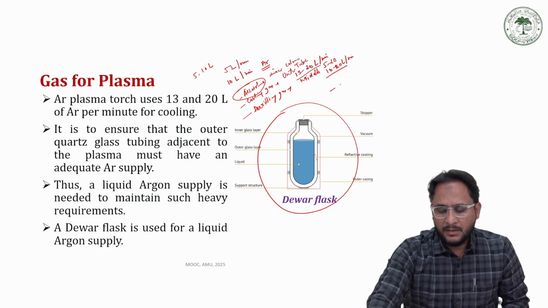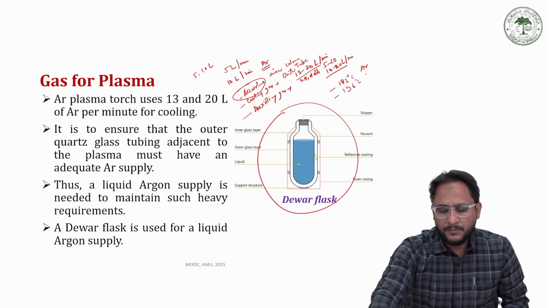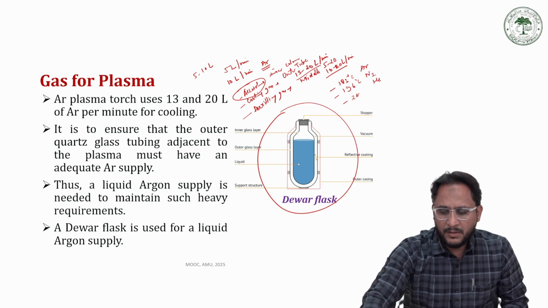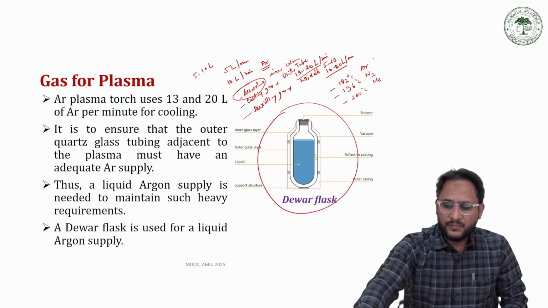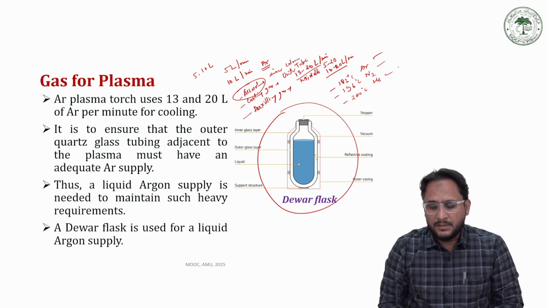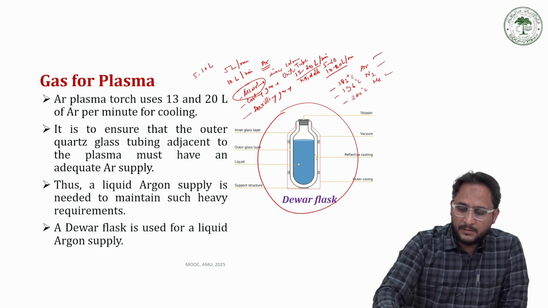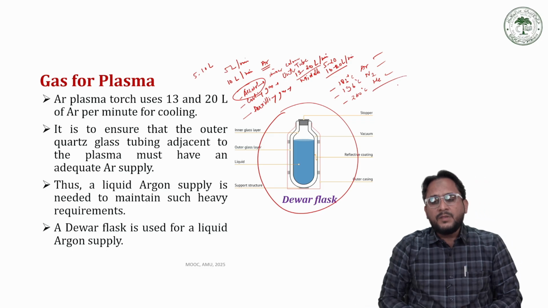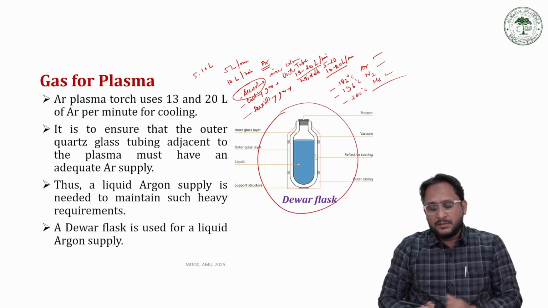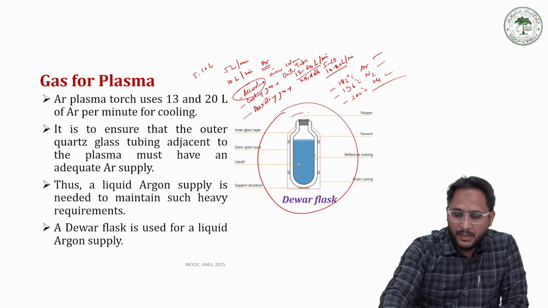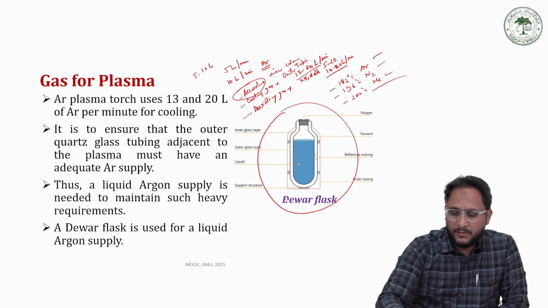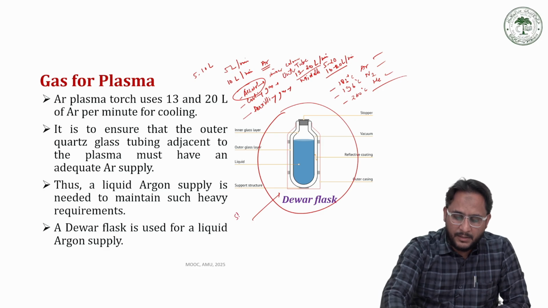In case of argon, it is minus 185 degrees Celsius, in case of nitrogen, it is minus 196 degrees Celsius, and in case of helium, it is even lower, minus 260 degrees Celsius. So these gases can be stored in liquid form with the help of this Dewar flask, which is a flask made of stainless steel.